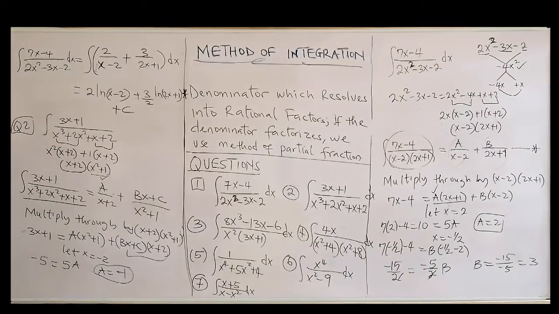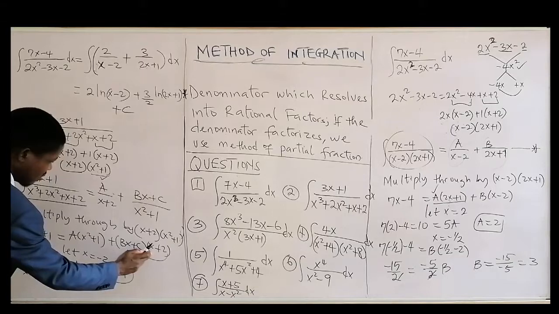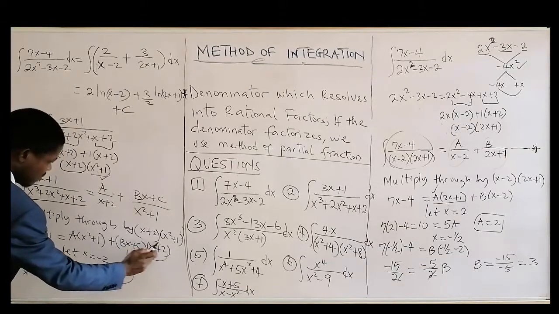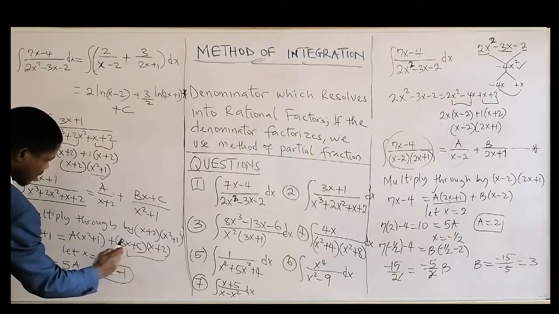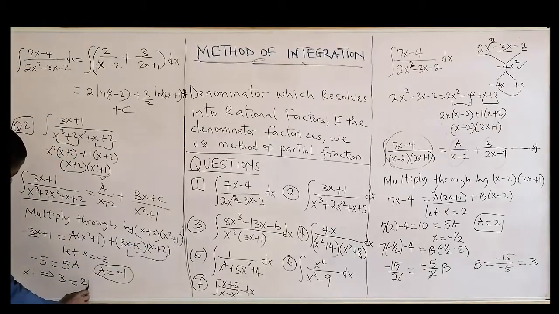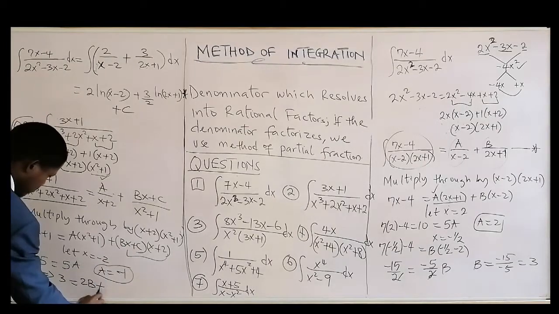Then the next thing to do is to equate coefficients. Let's equate coefficient of x. The coefficient of x is 3 here. Let's check here. We don't have it here. This is bx squared, and then bx squared. Then we have it here, plus 2b, and then plus c.